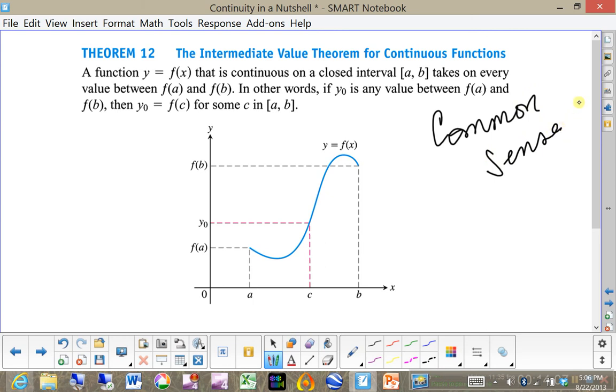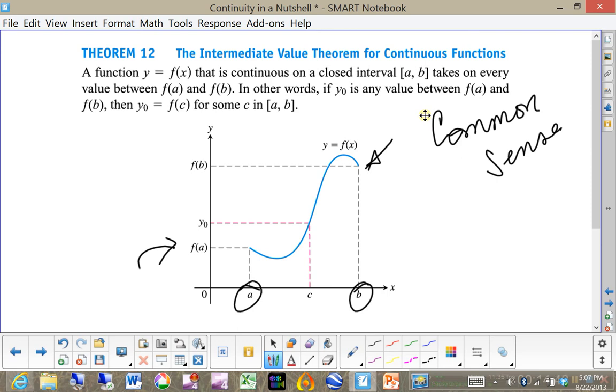If a function is continuous from a to b, and the value of the function at x equal a is f of a, and the value of the function at b is equal to f of b, you conclude that the function on the closed interval between a and b takes on every value between f of a and f of b.